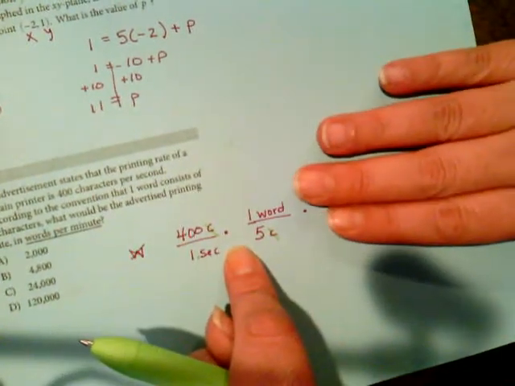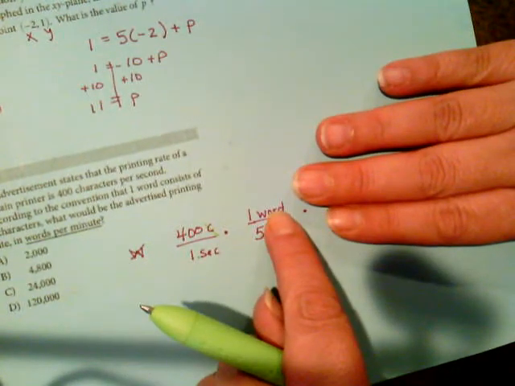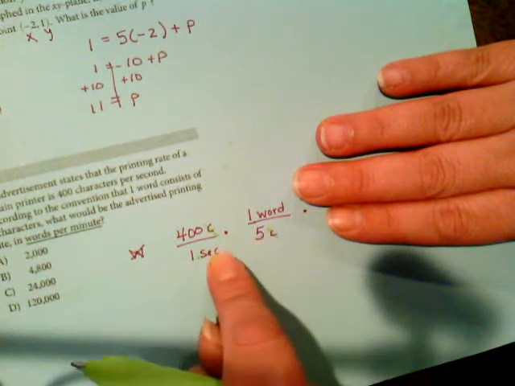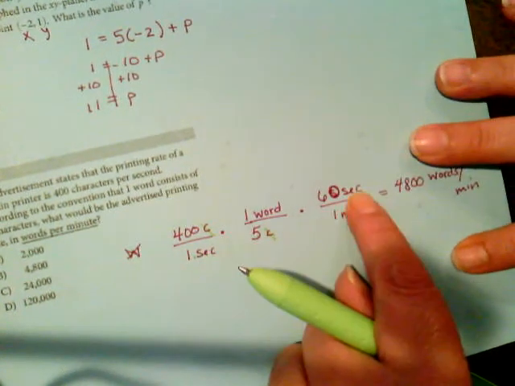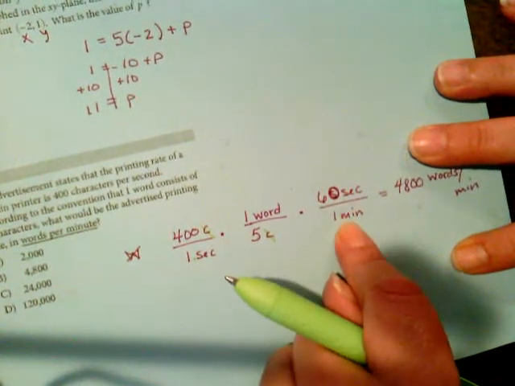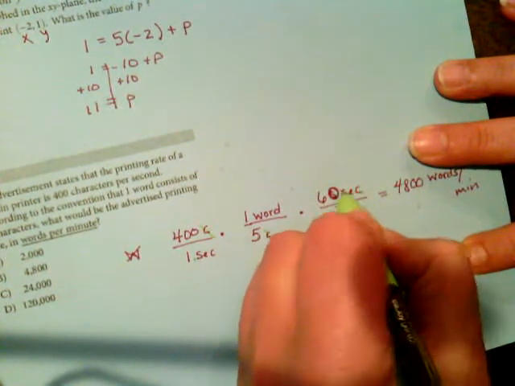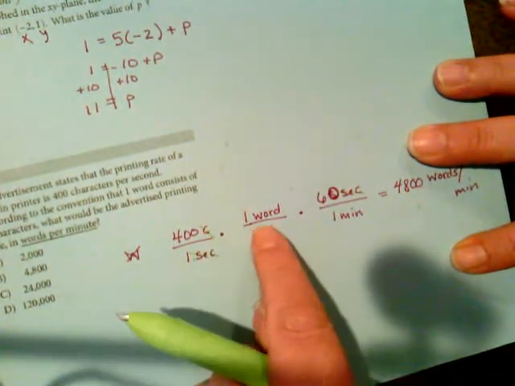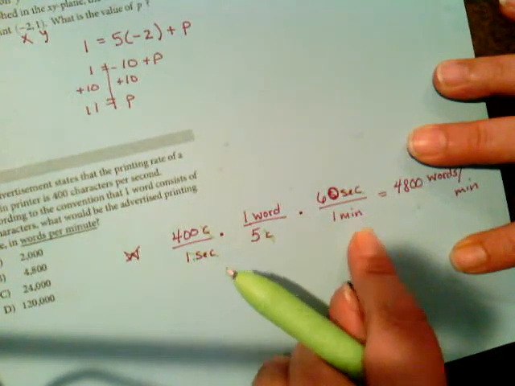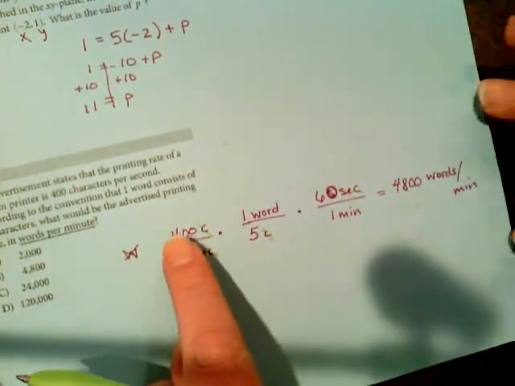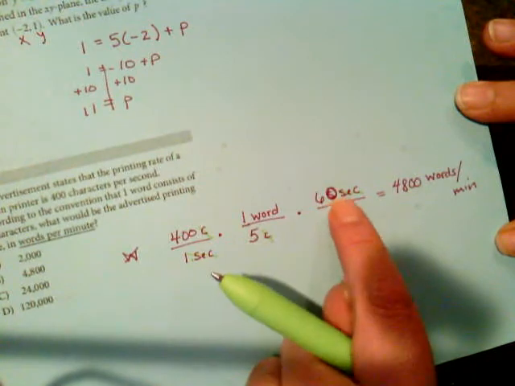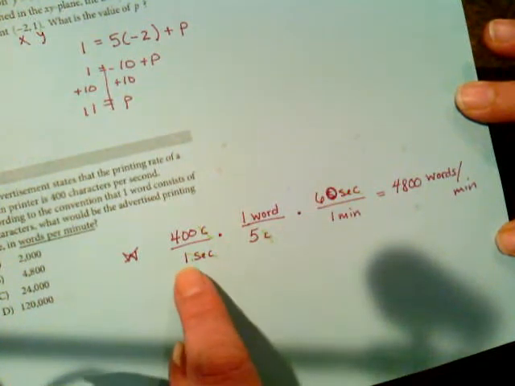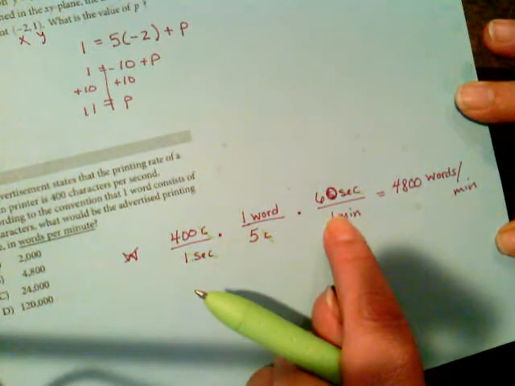So I need to keep words on top and I need to get minutes on the bottom. So seconds, it's 60 seconds in 1 minute. So the seconds and the seconds cross off. So I'm left with words per minute. And then you just multiply straight across. 400 times 1 times 60, and then 1 times 5 times 1.